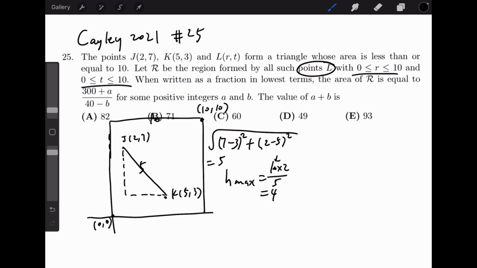So that means if we draw two lines over here and here, the distance between these two lines and line JK is 4. As long as point L falls between these two lines, let's say this is line 1 and this is line 2, then the triangle formed by points L, J, K would have an area less than or equal to 10.